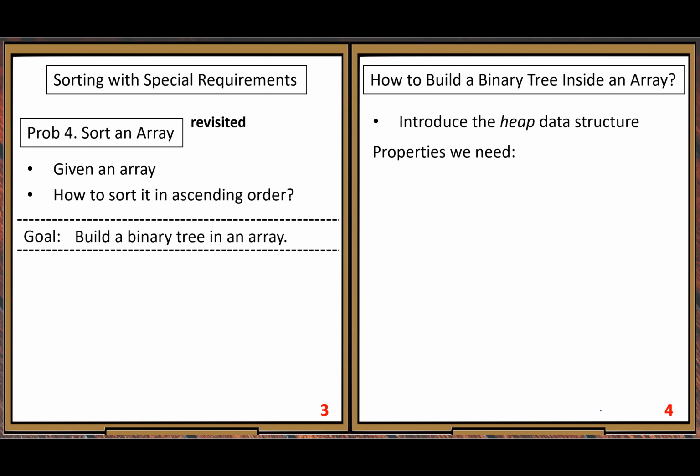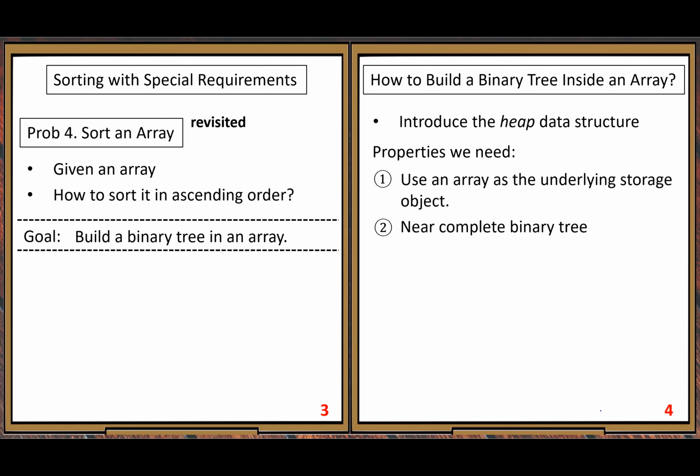Properties we need for this data structure: use an array as the underlying storage object. That's the simple fact. Next one, it should be a near complete binary tree. We know the meaning of a complete binary tree, right? But here, we cannot require a complete binary tree. Why?